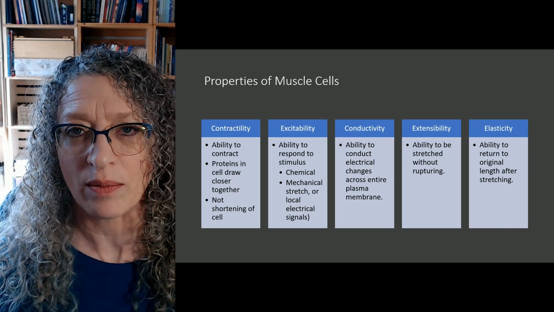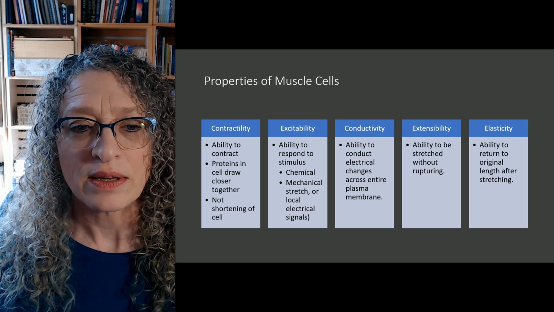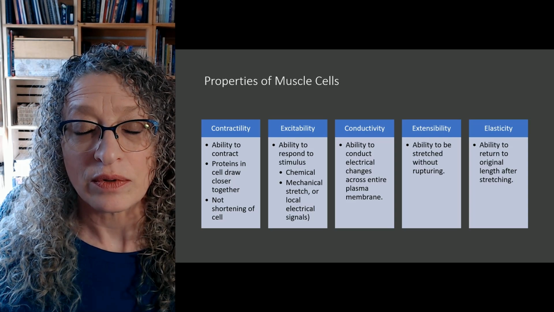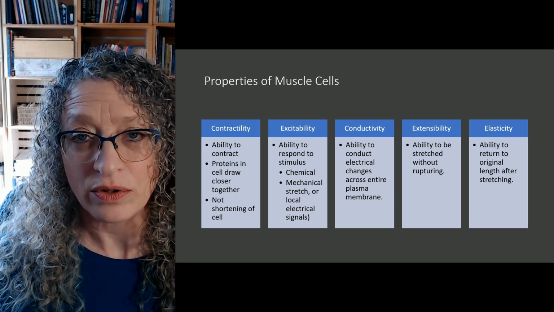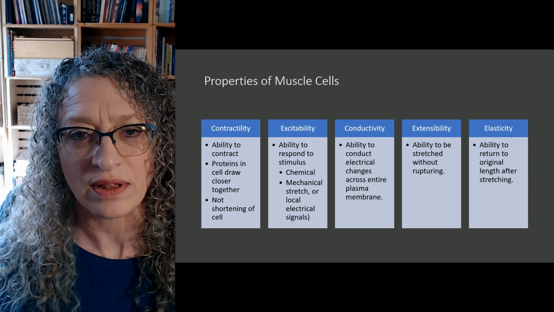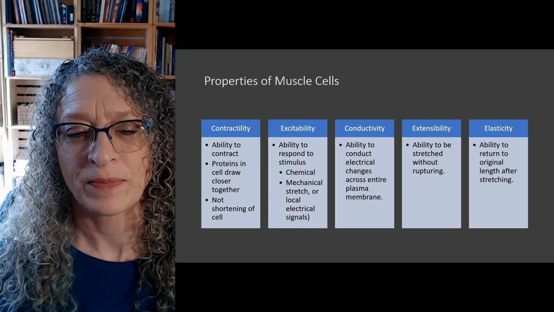But you'll be talking about that as well in 230. And that helps with either increasing the likelihood for muscle contraction or decreasing the likelihood of muscle contraction or decreasing the muscle tone or tension.